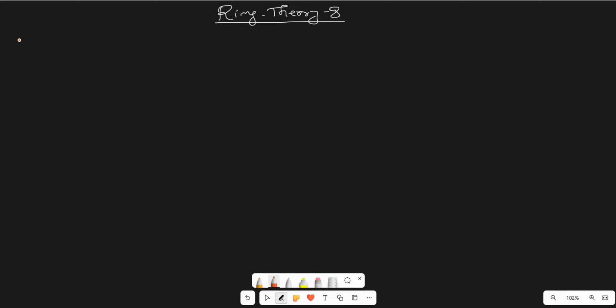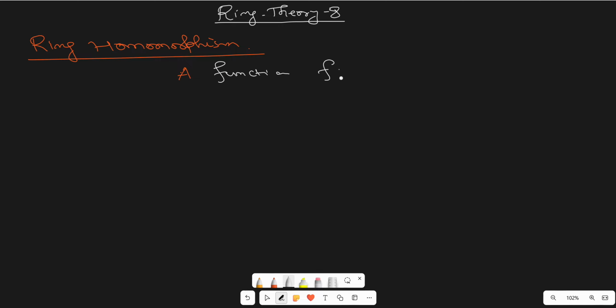This is called ring homomorphism. Everyone at least knows what a group homomorphism is. The similar thing works here. What is that? A function f from R1, a ring, to R2, a ring.